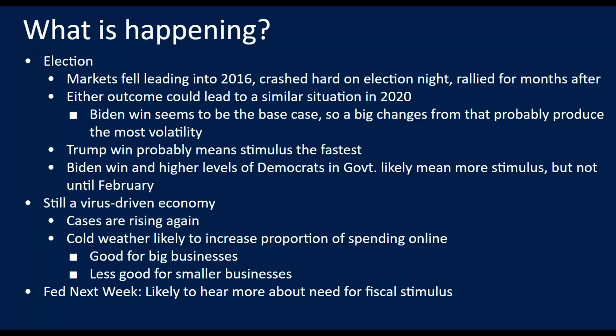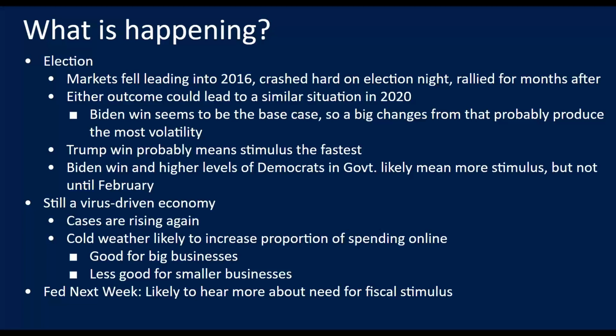But I think a Biden win and higher levels of Democrats in government, right? So if they take the Senate, plus one versus plus four, plus five, you probably get a bigger stimulus bill that way. But that money doesn't start rolling out into the economy until probably around February. So you're looking at what somebody I saw earlier today called a duration mismatch, right?